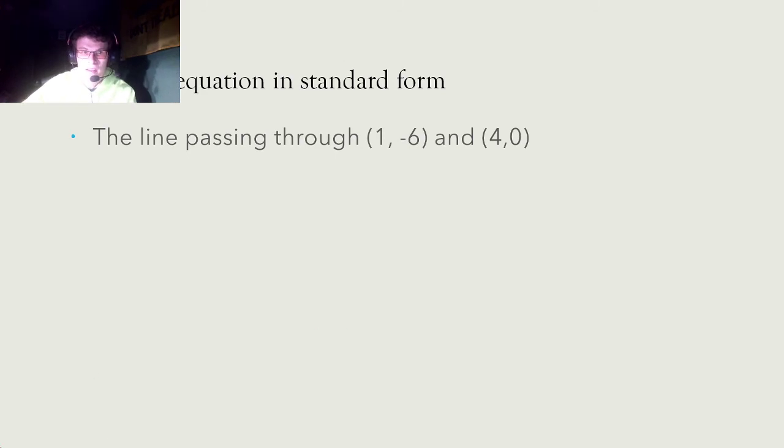All right. So now we have just 2 points. Where's my line here? We have just 2 points, and we're writing it in standard form this time. So what we need to do here is identify a slope. Remember, to find slope with 2 points, we do y2 minus y1 over x2 minus x1.